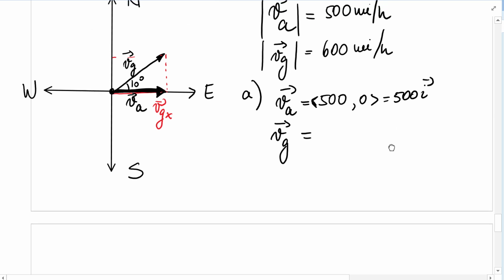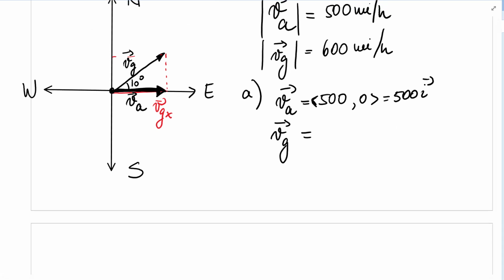To do that, we are going to look at this triangle and write sine of 10 degrees is the opposite side, which is y, over the magnitude of VG, which is 600.